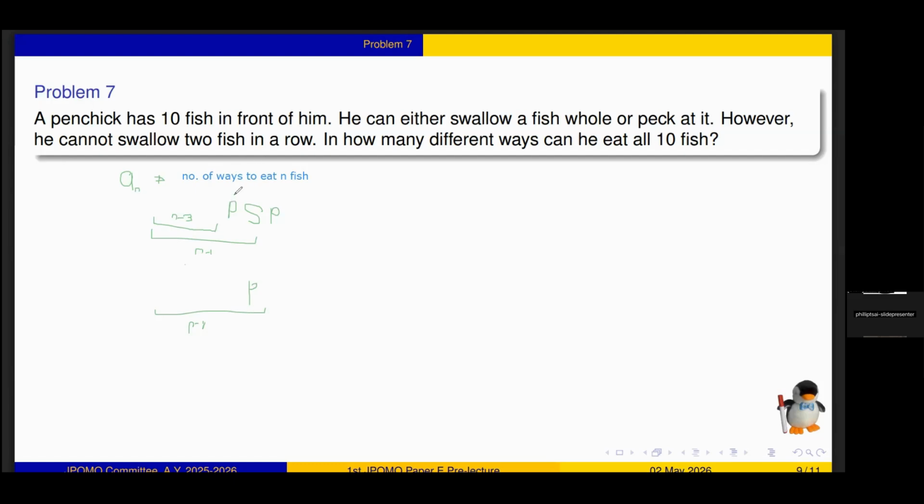In this case, if he swallows the fish he eats now, it's equivalent to the number of ways to eat n minus three fish, because the last three terms are already predefined, and the term before this last P can be any S or P, which means it leaves the n minus three terms free basically.